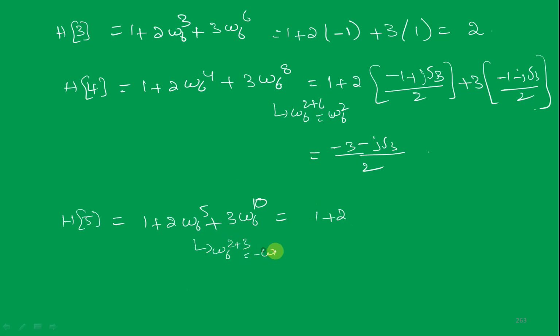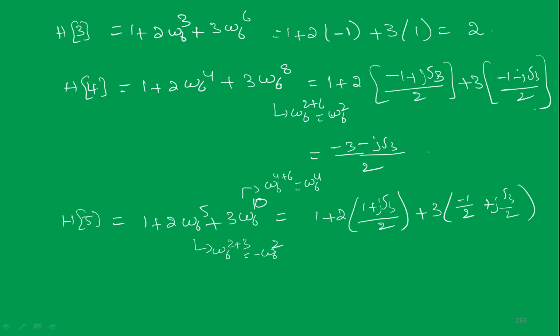That means minus W6 power 2. So, now that is nothing but 1 plus j root 3 by 2 plus 3. What is the W6 power 10? W6 power 4 plus 6. That means W6 power 4. That is nothing but minus 1 by 2 plus j root 3 by 2. Now, simplify, then you can get the value like this: 1 plus j 5 root 3 by 2.